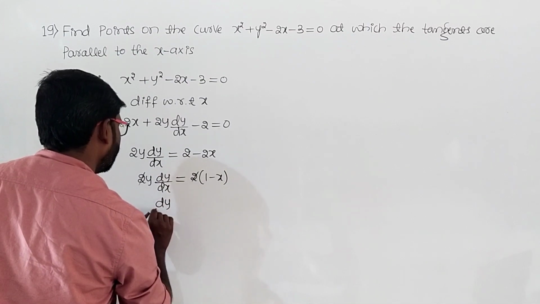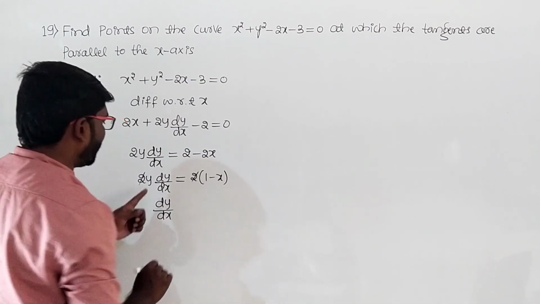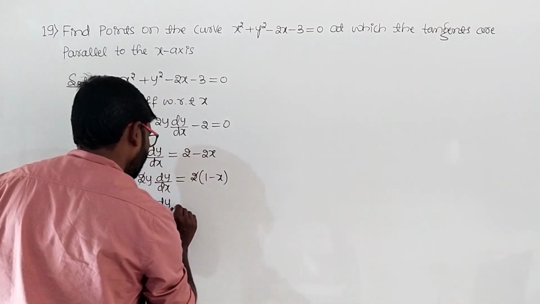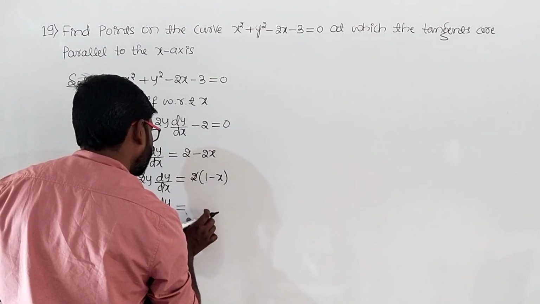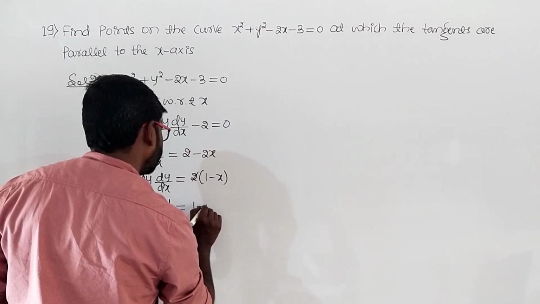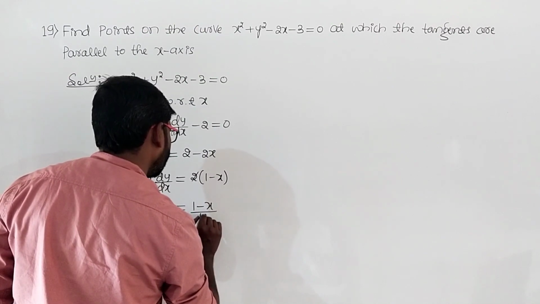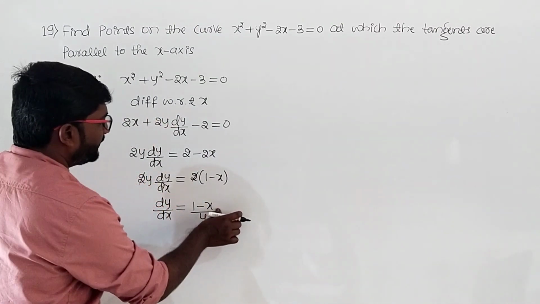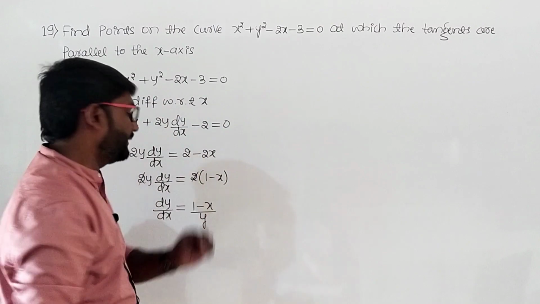Then dy by dx is equal to, I take y to the RHS, it goes to the denominator. You get 1 minus x divided by y.